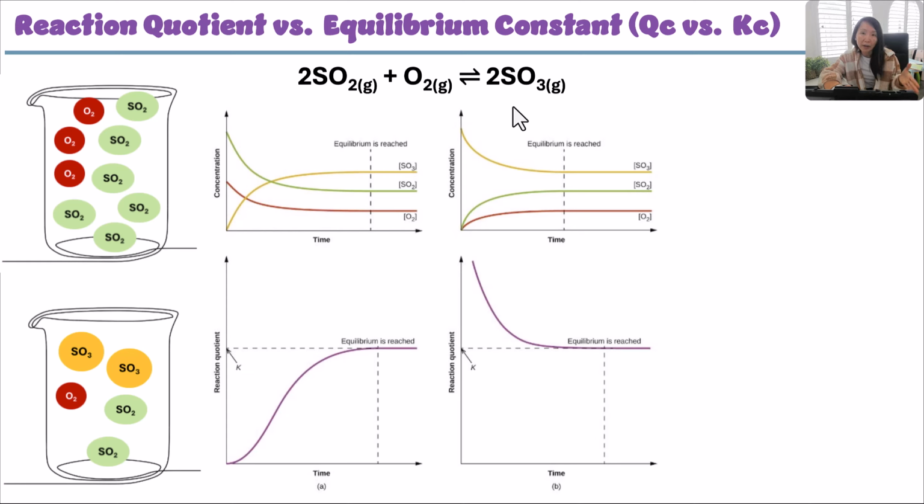Before or prior to the equilibrium, all of this point in here, we can utilize what is called the QC, or the reaction quotient, in order to solve the ratio between the product over reactant.